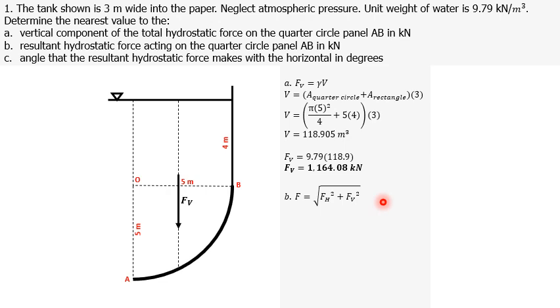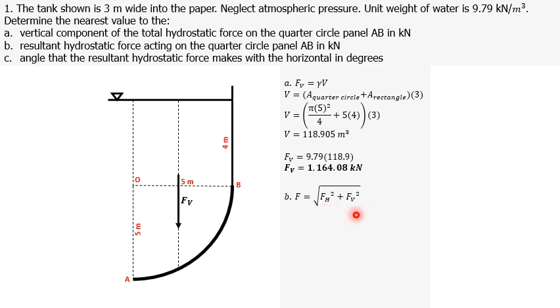In letter B, we are asked to solve for the resultant hydrostatic force, which is equal to F equal to the square root of Fh squared plus Fv squared. But we don't have Fh yet.